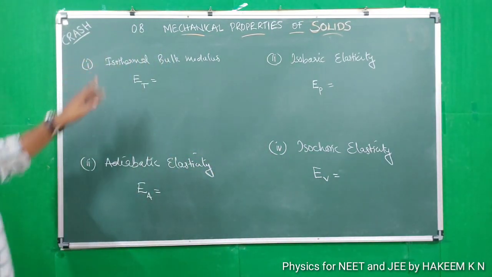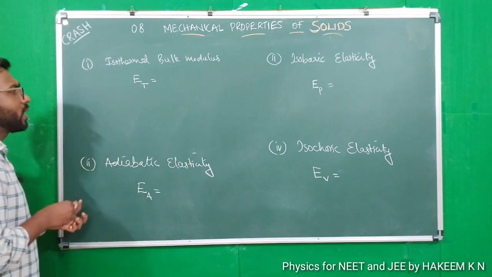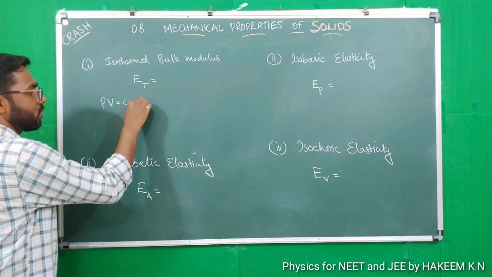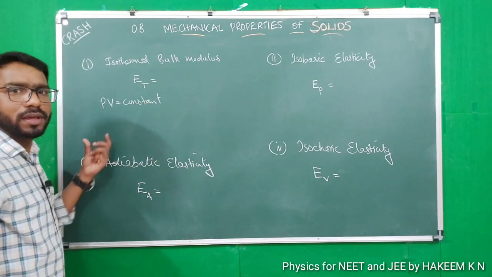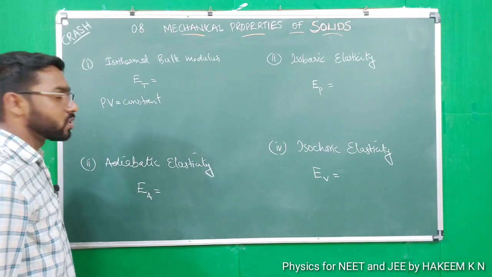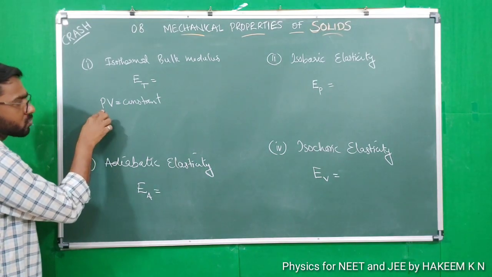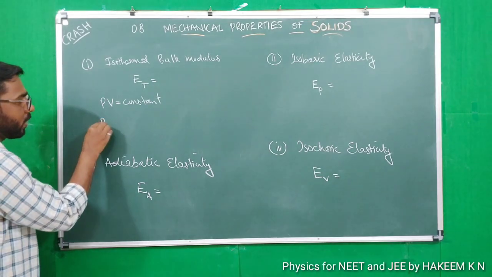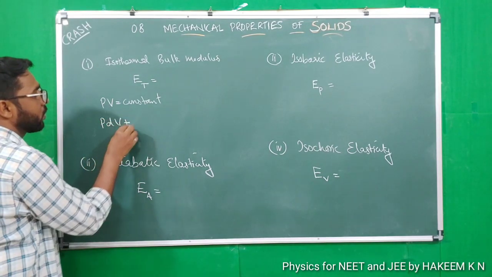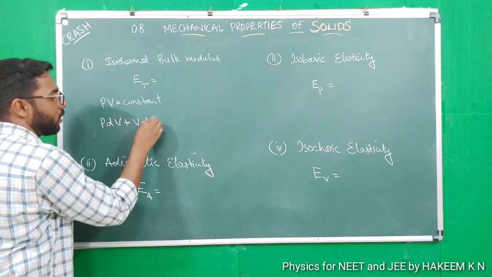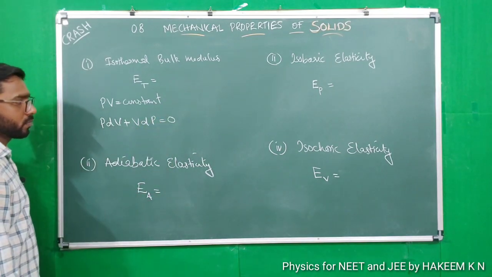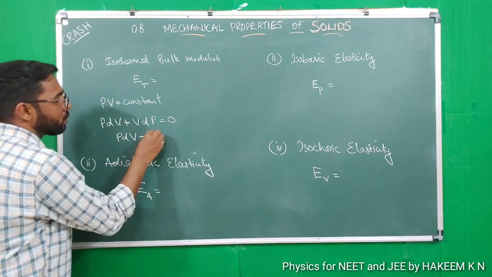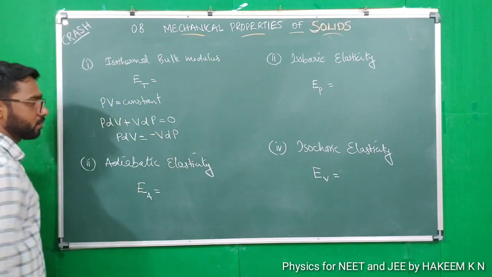In the isothermal process, we studied that PV equals constant, pressure into volume equals constant. So applying the method of partial differentiation, first into derivative of second plus second into derivative of first: P dV plus V dP equals 0. P dV equals minus V dP.